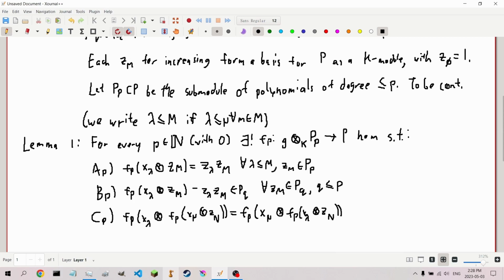So in this case, those two elements swap, plus our second term, which is Fp of the bracket of these elements x with tensor product of the result of that with Zn.